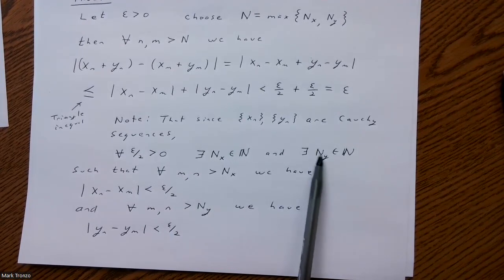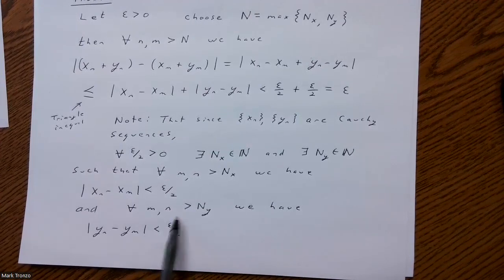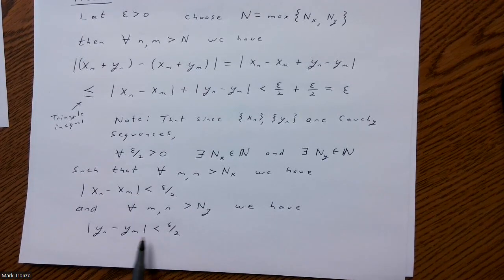And also there's going to be a natural number ny such that for all m and n greater than ny, we have yn minus ym less than epsilon over 2.